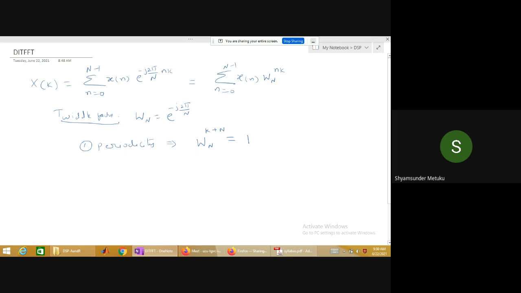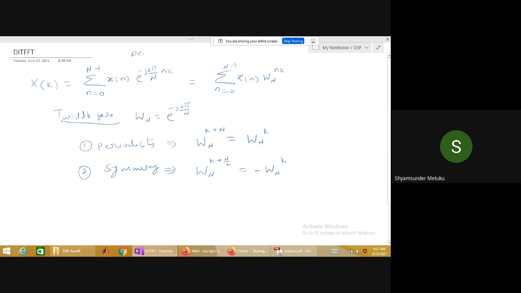The second one is symmetry: W base N power k plus N by 2 equals minus W base N power k.